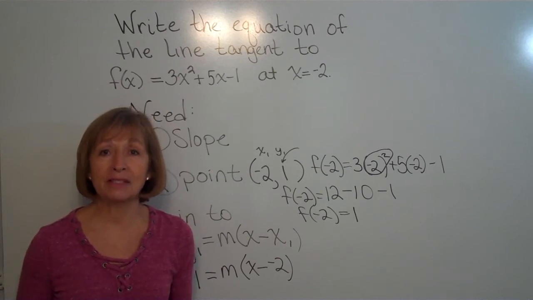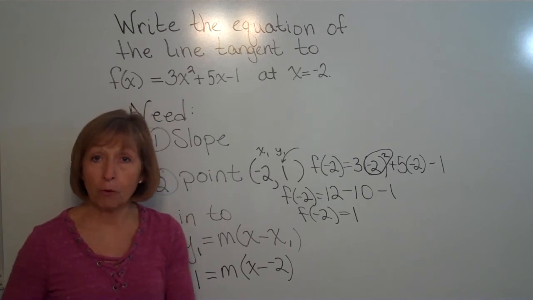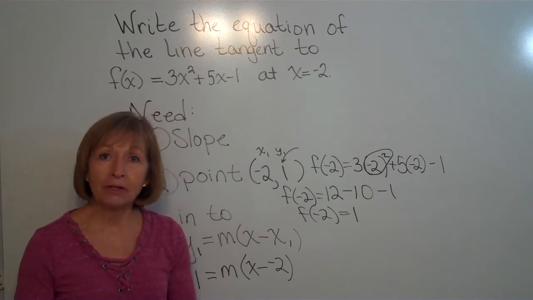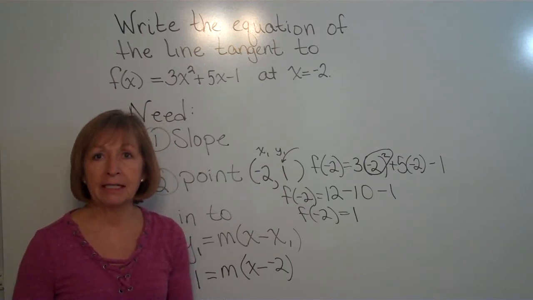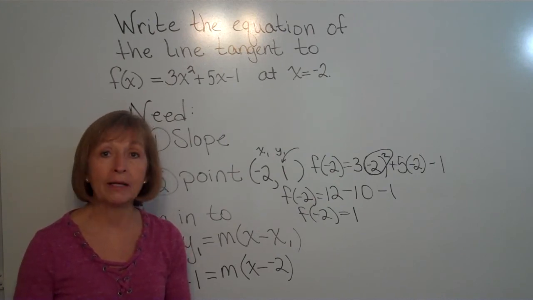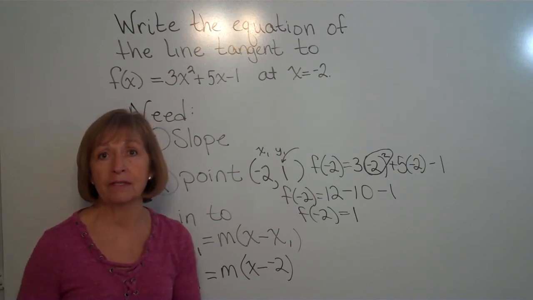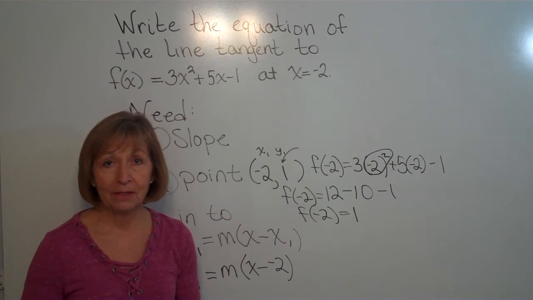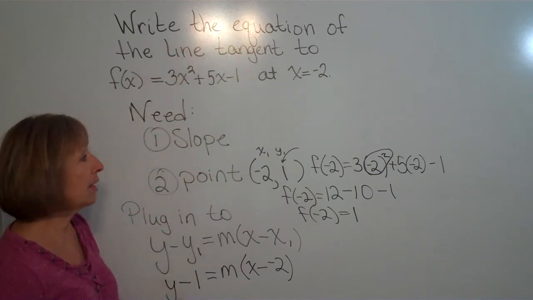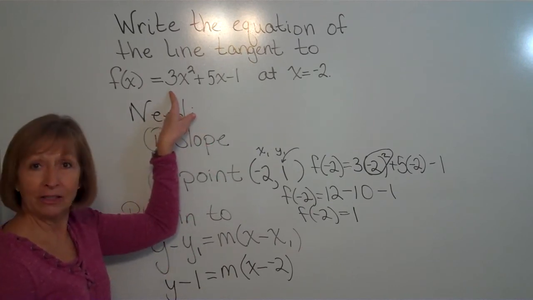The derivative gives us the slope, a formula, so that if you put in an x value that you're interested in finding the slope of your tangent at, through the derivative, what you get out is the slope of the tangent line there.